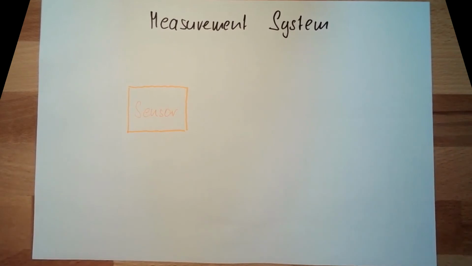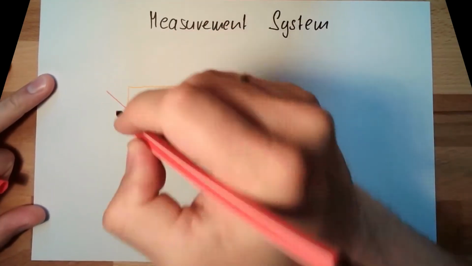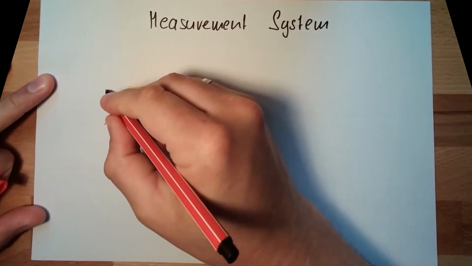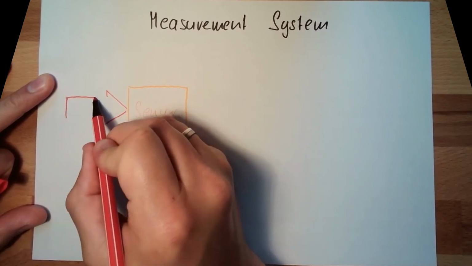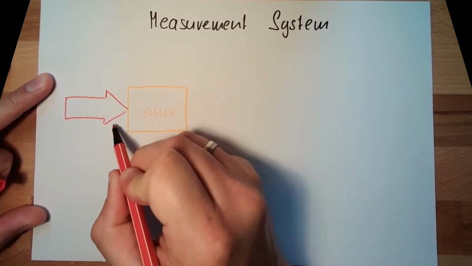Sensor, Messwert aufnehmen in German. What does the sensor do? The physical quantity, the thing I want to measure, has influence on this sensor.